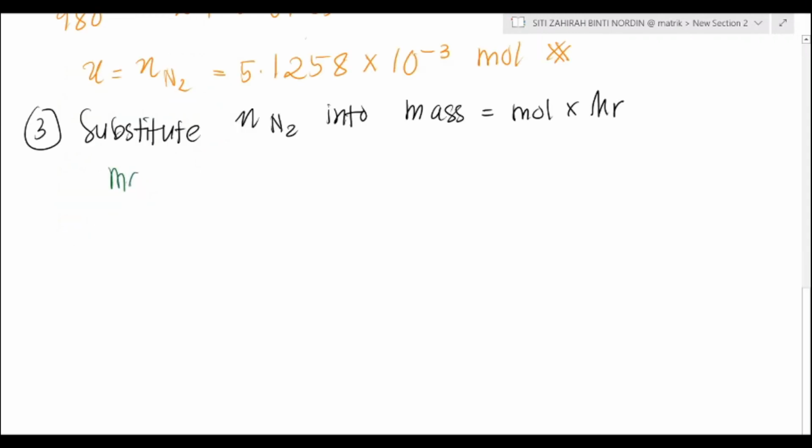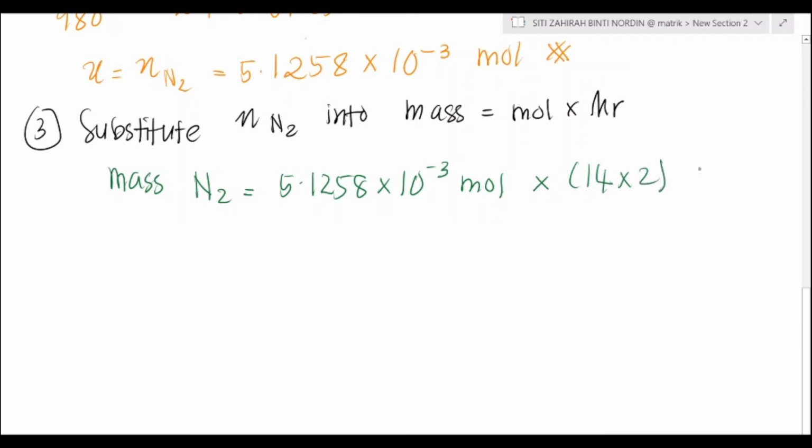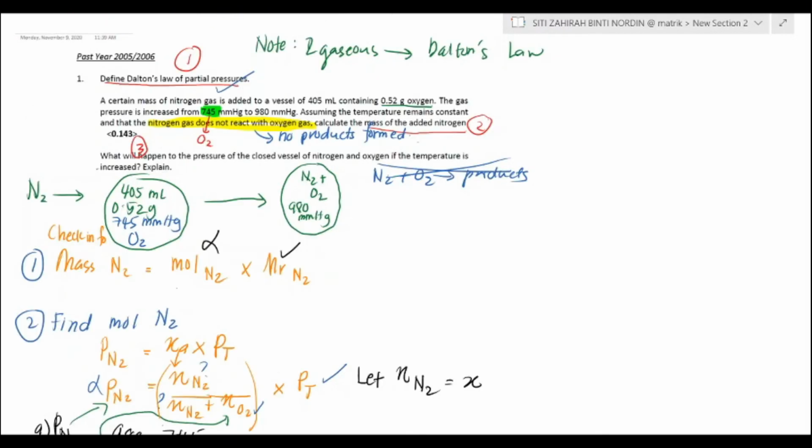Your mass for nitrogen would be the mole, 5.1258 times 10 to the power of minus 3 mole, times the molar mass 14 times 2 gram per mole. So cancel off your mole, and you've got the mass of 0.1435 gram. We're done with the first and the second question.